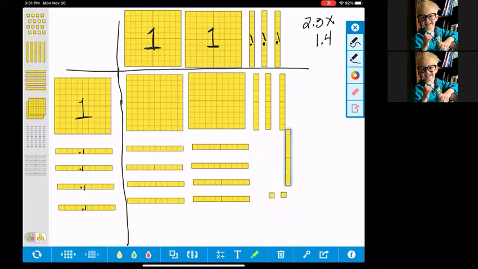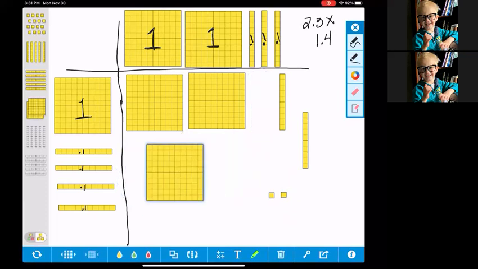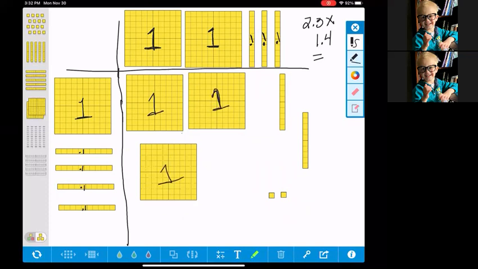Boom. And I have 1, 2, 3, 4, 5, 6, 7, 8, right? 8. And so we know we need 8 and 2 more. Boom. And now we know that the multiplication, 2 and 3/10 times 1 and 4/10, is now 1 whole, 2 wholes, 3 wholes, 3, and 2/10 and 2/100ths.